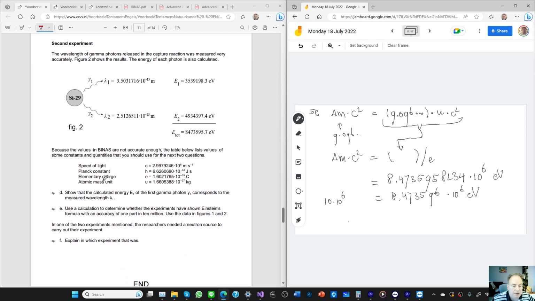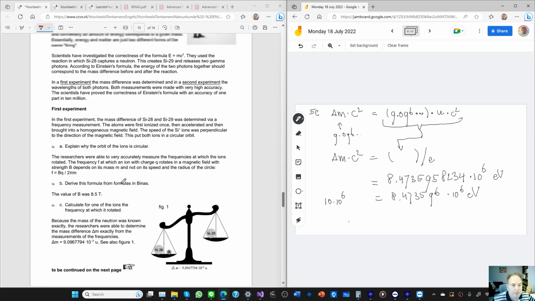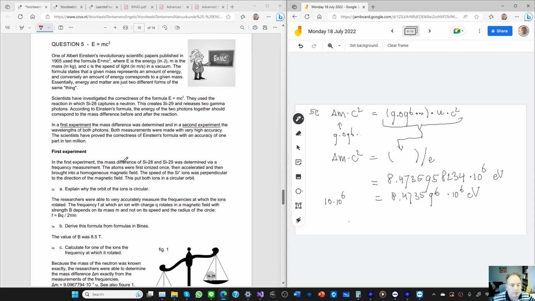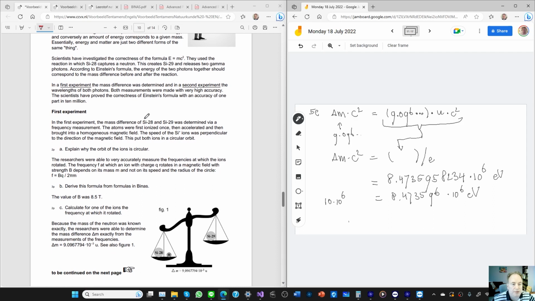In one of the two experiments mentioned, the researcher needed a neutron source to carry out the experiment. Well, in the first experiment, the mass difference was determined by frequency measurement, by ionizing them and accelerating. So this doesn't need any neutron capture.